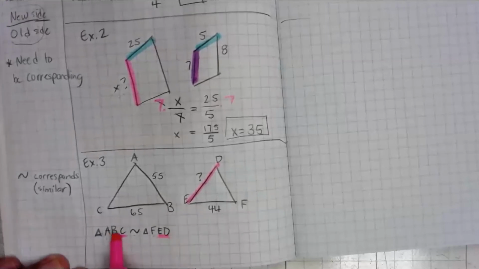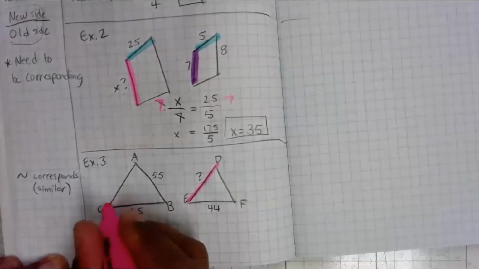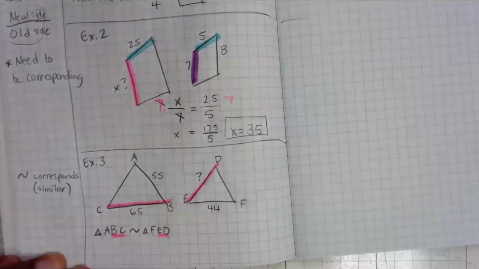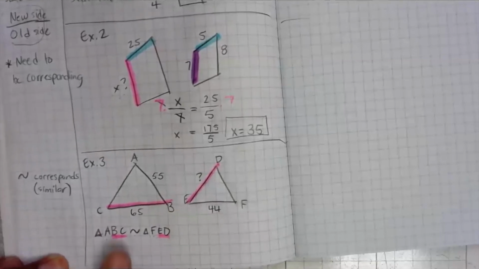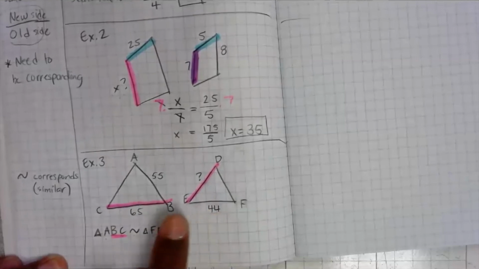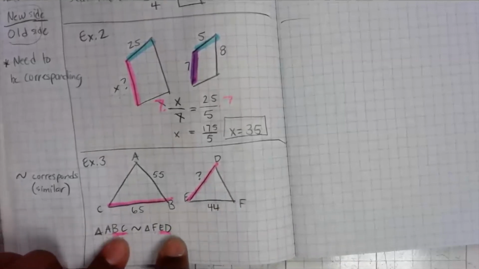Okay, so ED matches BC. So that means that these two sides correspond. Even though the picture, it looks like, wait a minute, that's not on the bottom. It's because it's been kind of rotated. Okay, so those two match. You got to look at this part of it to see which ones match.